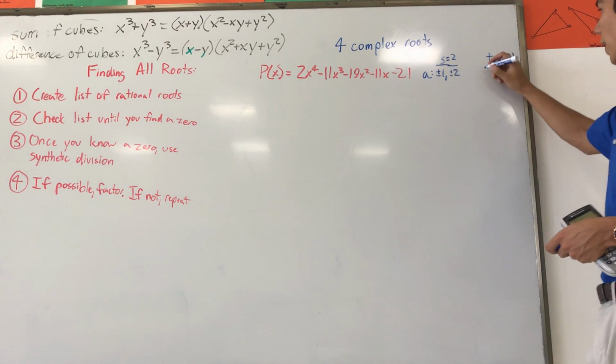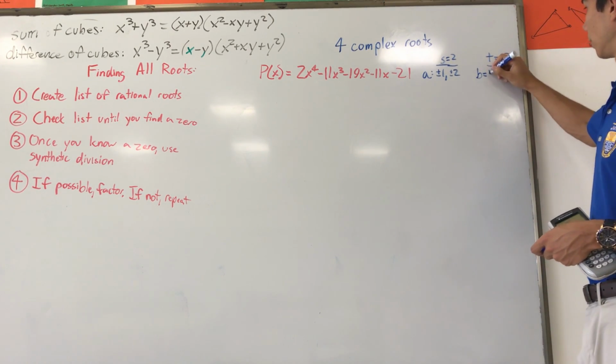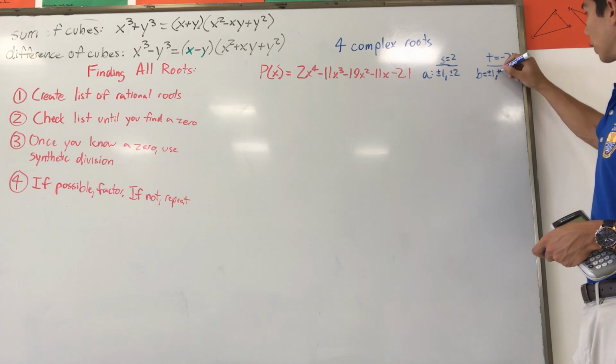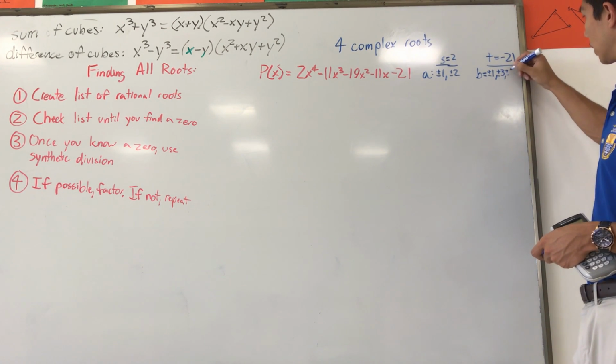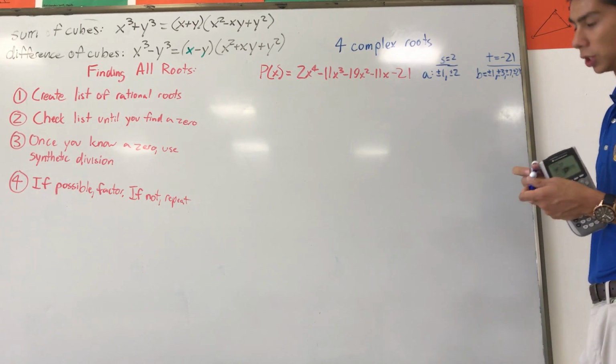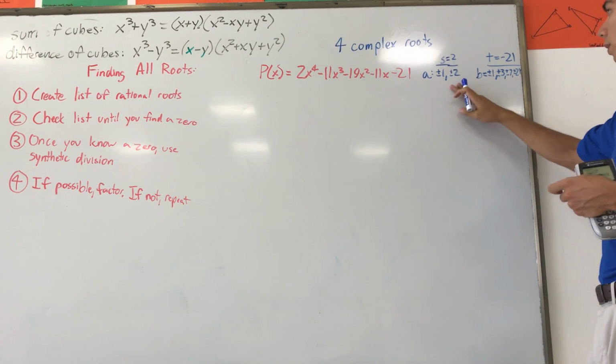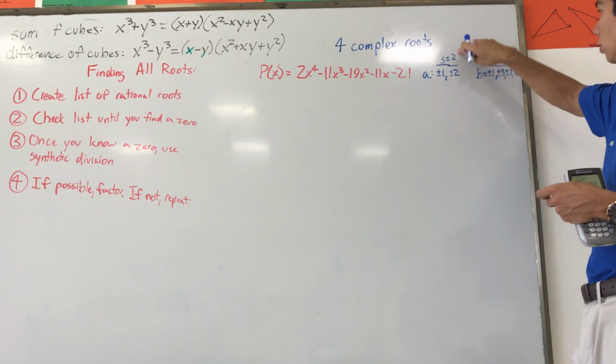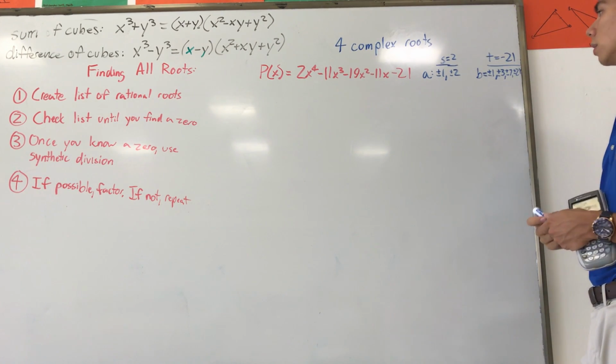My integer factors of negative 21 are going to be plus minus 1, plus minus 3, plus minus 7, and plus minus 21. So those are all the possible integer combinations that multiply to 2 and to negative 21 respectively.